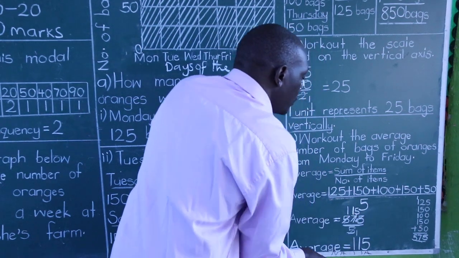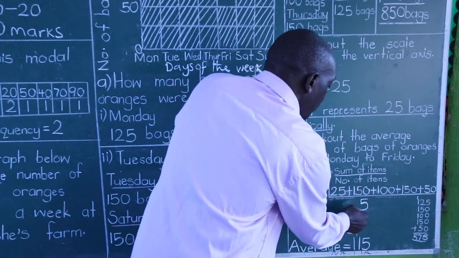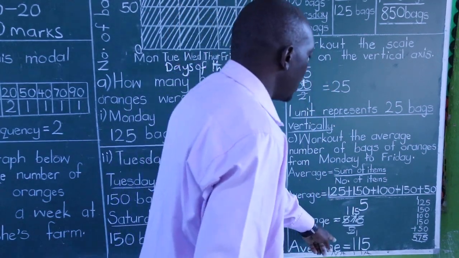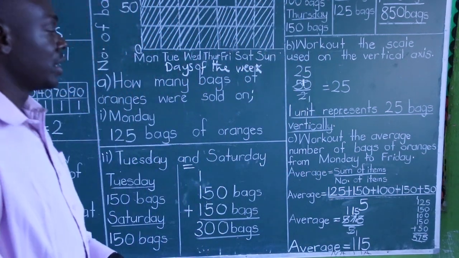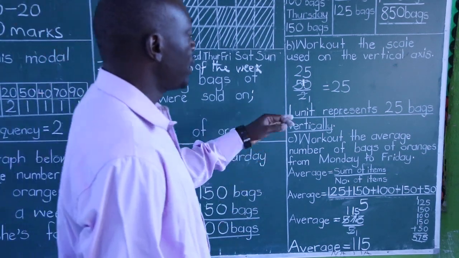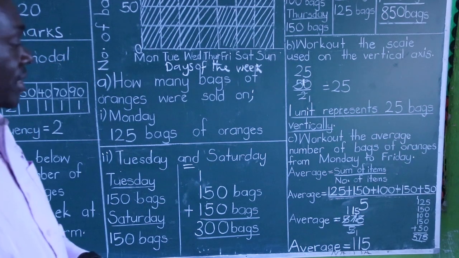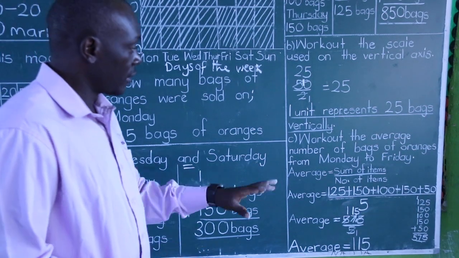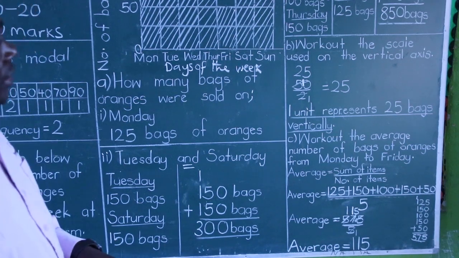The 2 goes to 5 that's yet to be divided and makes 25. 25 by 5 makes 5. So on average, 115 bags were sold from Monday to Friday. That's how we deal with average, and you will be successful.